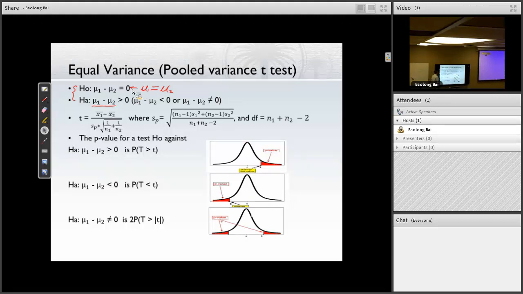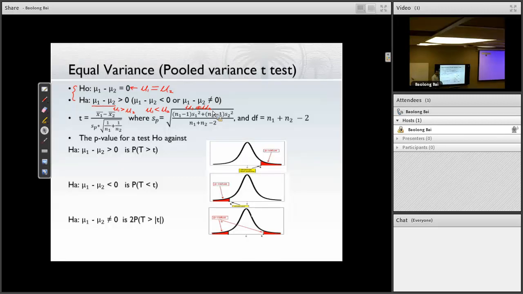That's equivalent. And alternative hypothesis could be mu1 is greater than mu2, or mu1 is smaller than mu2, or mu1 is different from mu2. You can write it either way, as long as you're consistent with yourself, right? So you're comparing two means. Is one mean bigger or smaller, or simply they're not the same, right? So that's hypothesis.